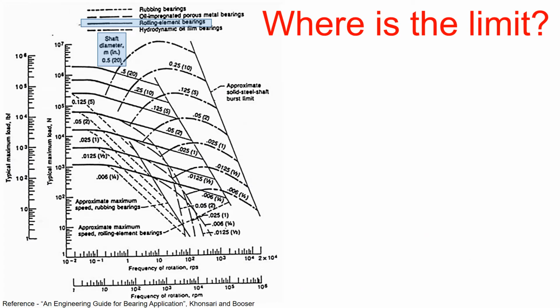Also, there are many literatures out there that provide you with bearing surface speed limitation. One example is shown in this graph. The x-axis is the rotational speed, and the above highlighted line is the approximate maximum speed of rolling element bearing.